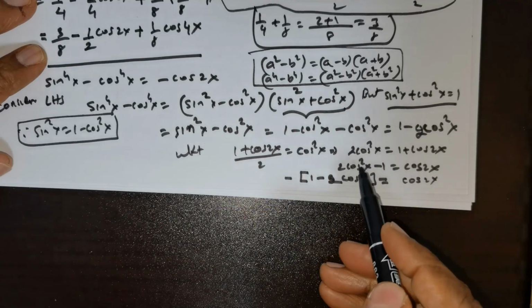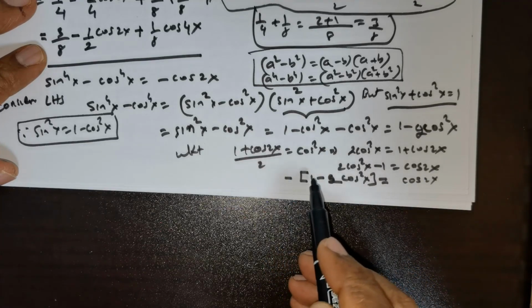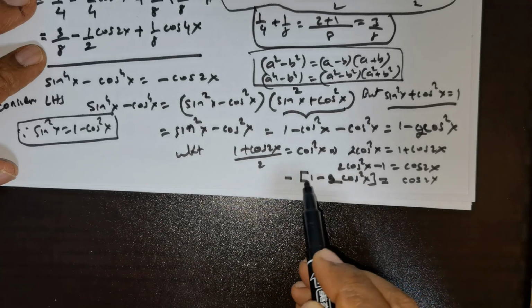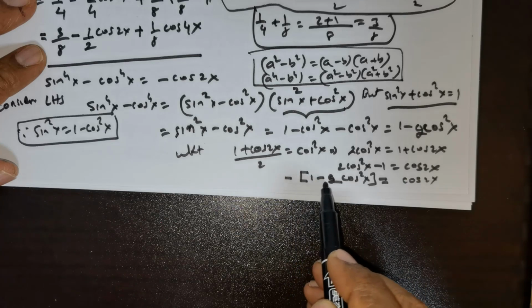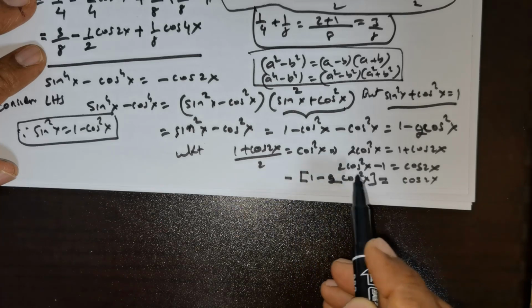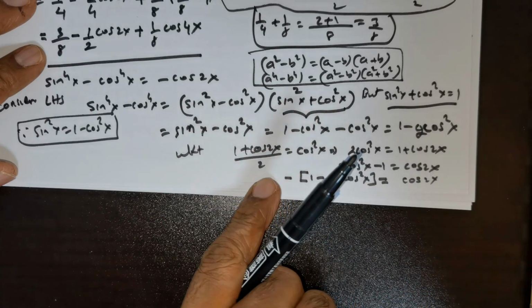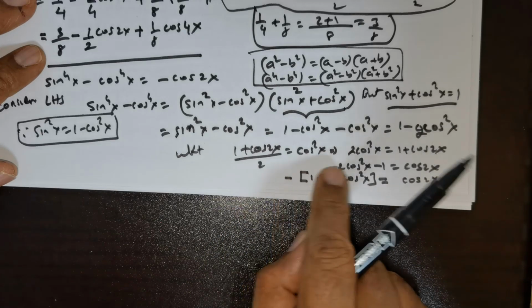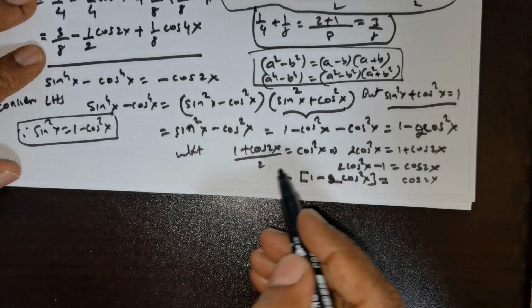So what I have done is I have just taken the negative sign out and rewritten 2 times cos squared x minus 1 in this fashion, negative of 1 minus 2 times cos squared x. Now if I were to multiply both sides by negative 1, then I would get the following.